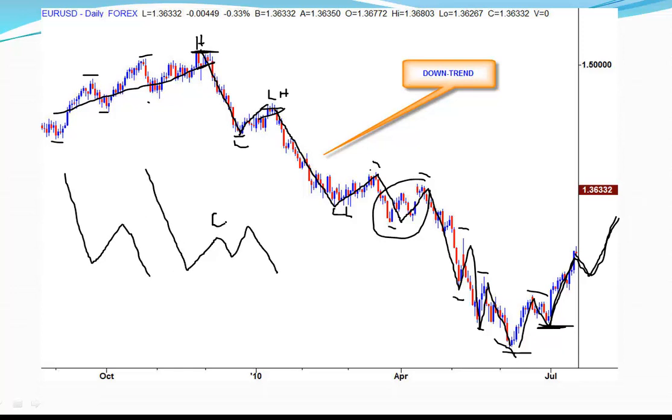So this is a complex, and this is a simple. And this has to do with Elliott, and so does this, essentially, and the Dow theory. If you look here, that is exactly the same. That's a complex retracement as opposed to this one.